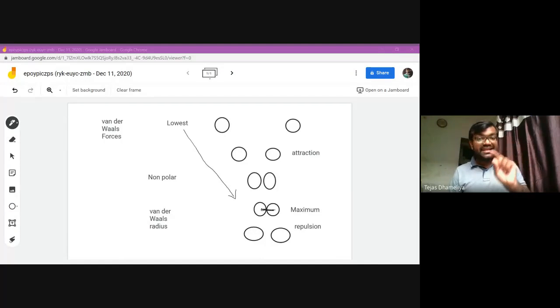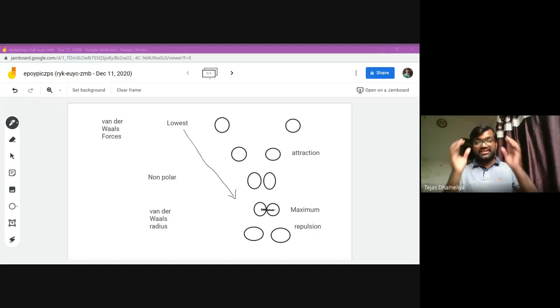Dipole-dipole force is also dependent upon the distance, but majorly due to the polarizability: positive charge, negative charge. Non-polar is the bond which is dependent upon the non-polarization of the molecule.